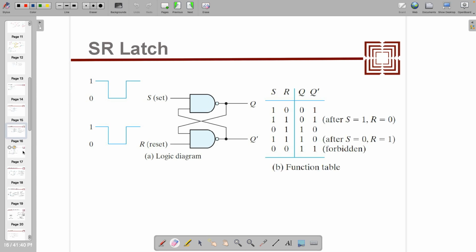So let's relook at this function table and how it works. If set and reset are 1 and 0, actually here it is kept in a reverse way, anyway, it's 0 and 1 as the output. If both are 1, then whatever was the previous one. What this function table is assuming is that whatever was the previous is reflected on the next one, meaning it's latching the previous condition.